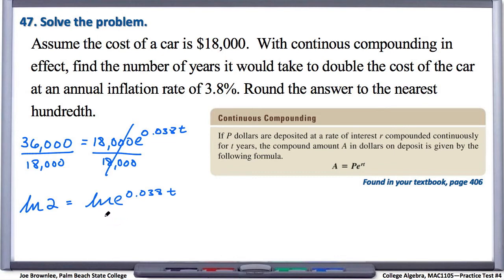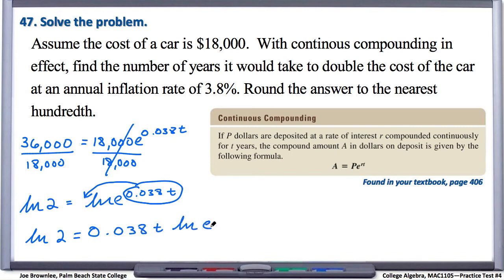So we take the natural log, that gives us ln of 2 equals, and now that I've taken the ln on the right-hand side, we know that this exponent can move down out front, can't it? So that becomes 0.038t times ln of e.